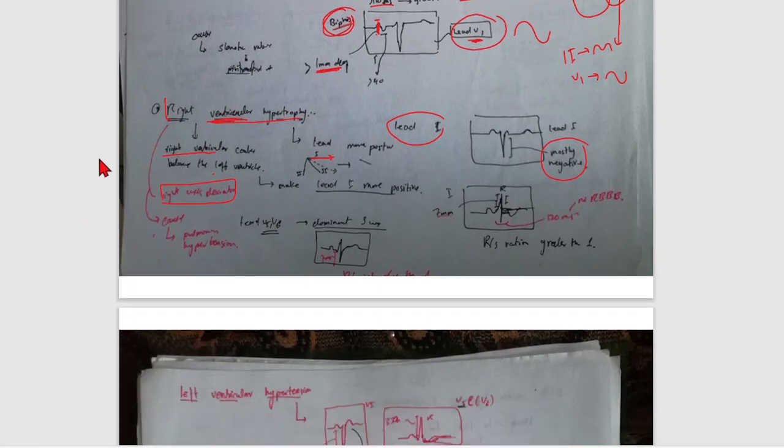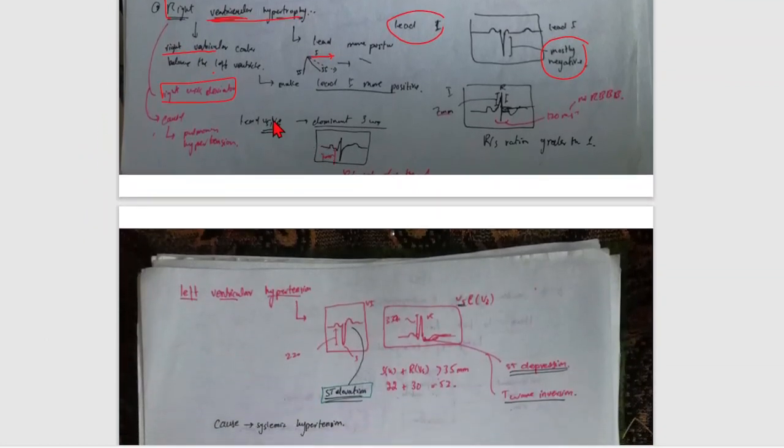Now, first of all, you have to look at leads V5 and V6. If you see leads V5 and V6, there is a dominant S wave present.